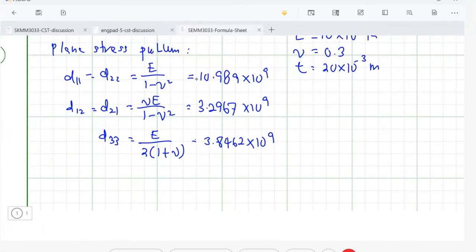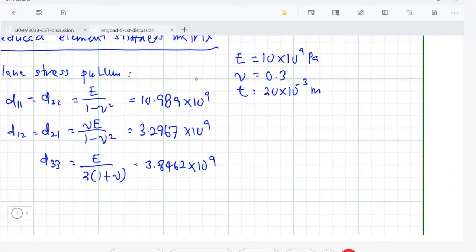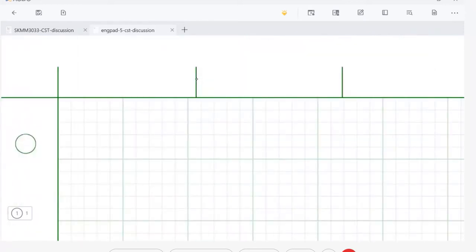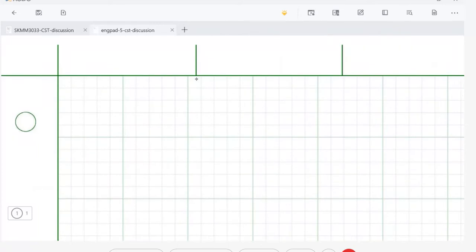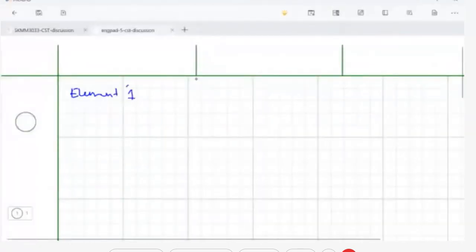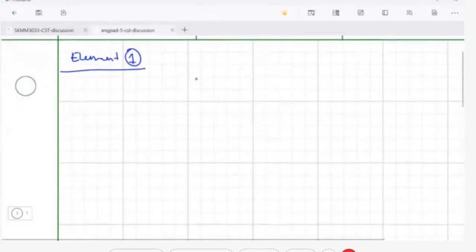Note that because the formula requires the use of D, we have to use that. And now let's look at element number 1. So we know that element number 1 is this.